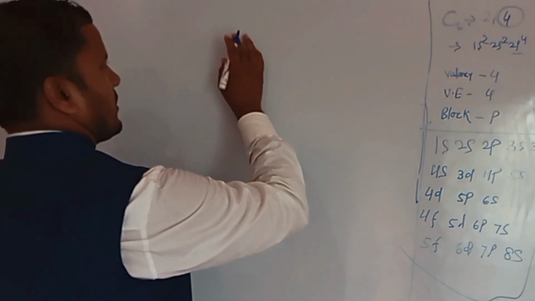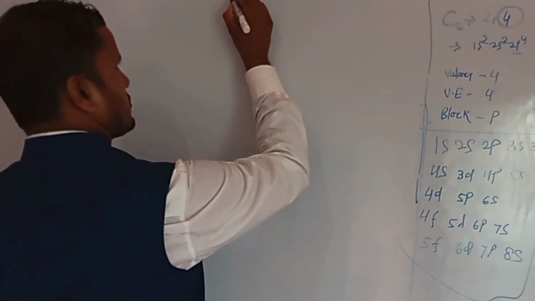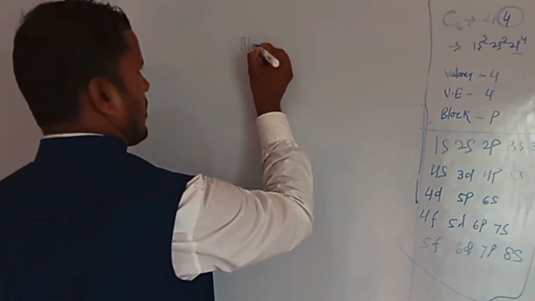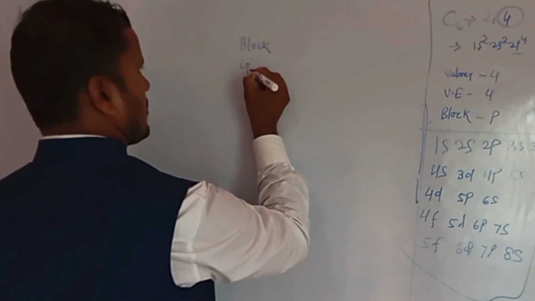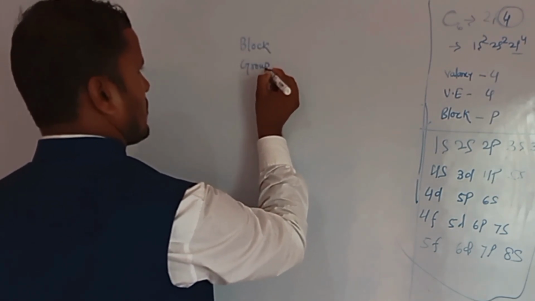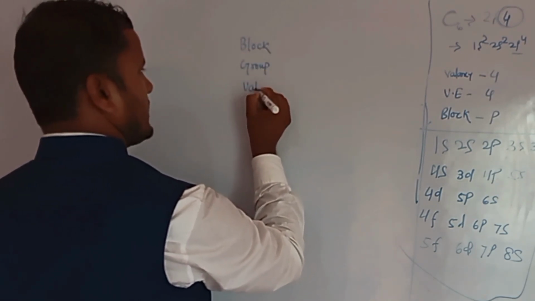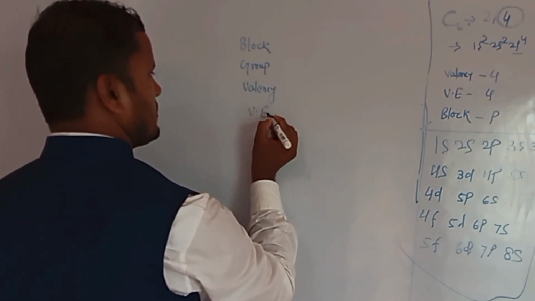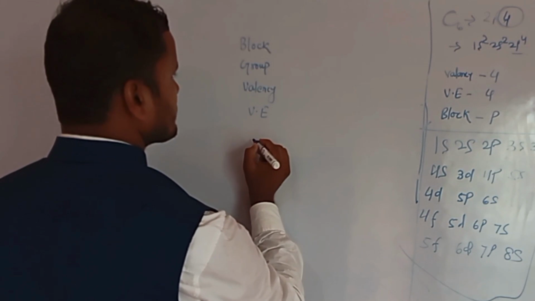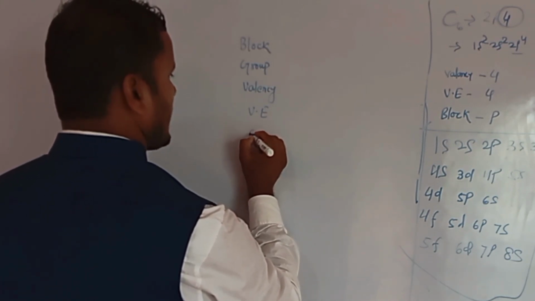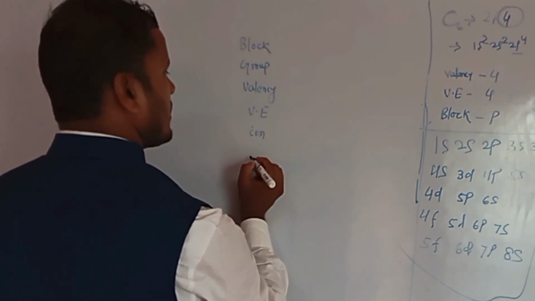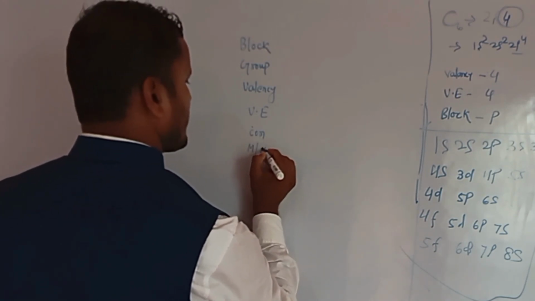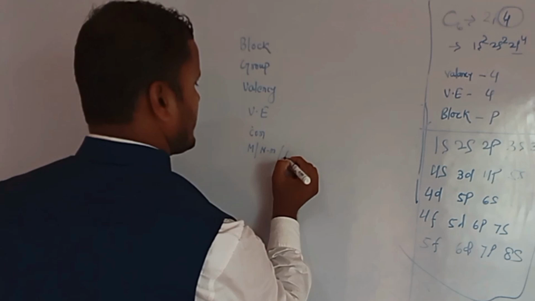So we have to learn first of all block, group, valency, electron, and after that ion, after that metal, non-metal.